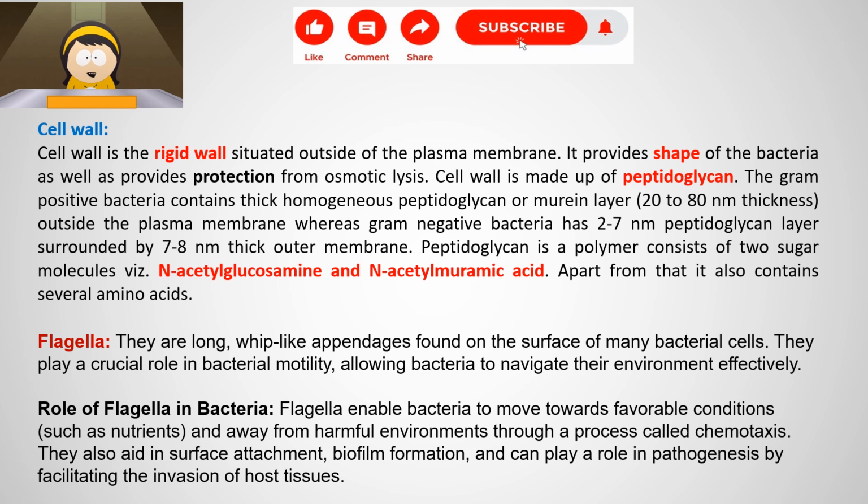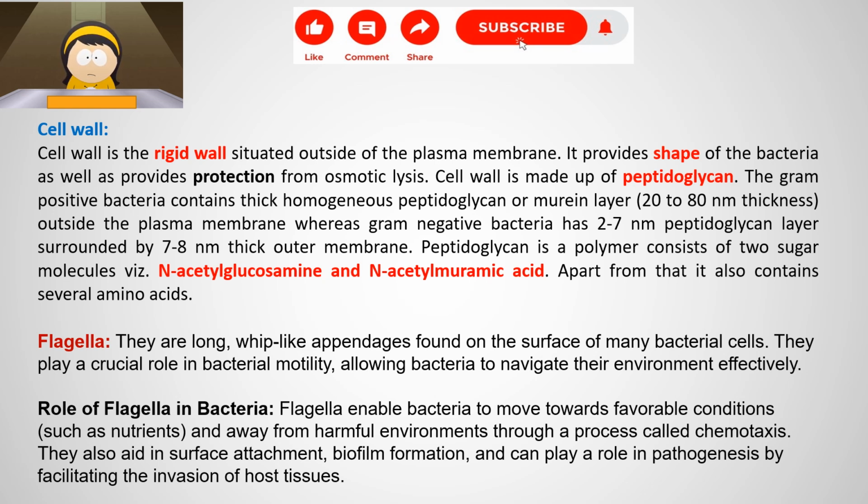Peptidoglycan layer surrounded by 7 to 8 nanometers thick outer membrane. Peptidoglycan is a polymer, consists of two sugar molecules, viz. N-acetylglucosamine and N-acetylmuramic acid. Apart from that, it also contains several amino acids.